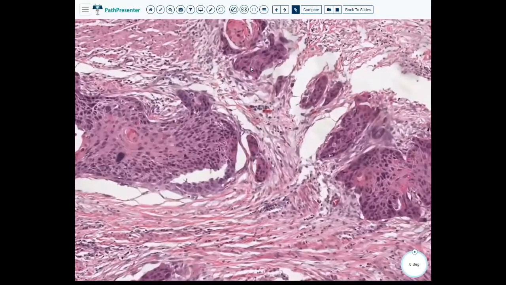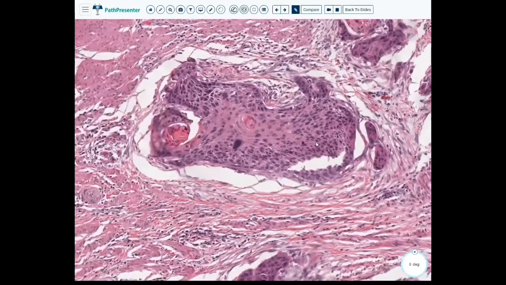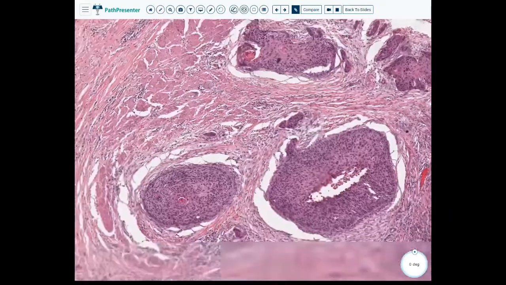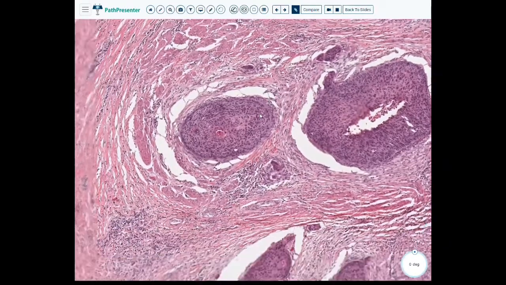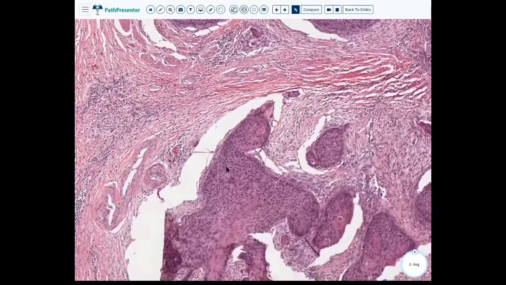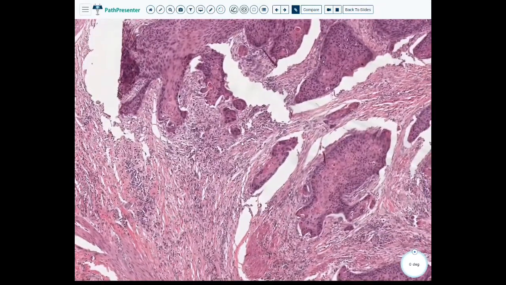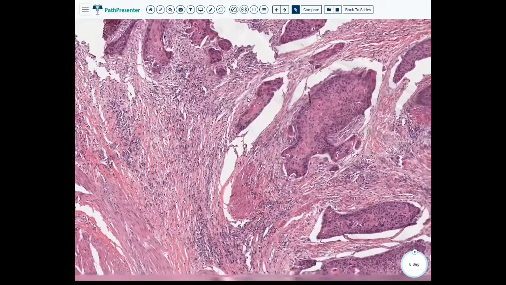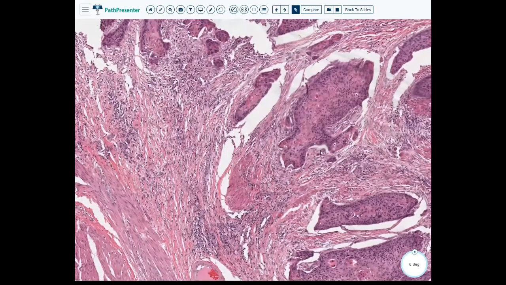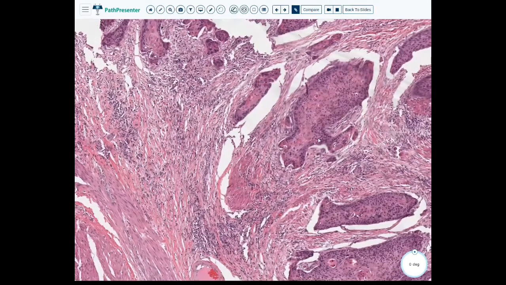Looks pretty irregular around here. And so much retraction artifact, which the bladder tends to have a lot of retraction artifact with invasive lesions, and I just don't like how some of these areas are angulated.